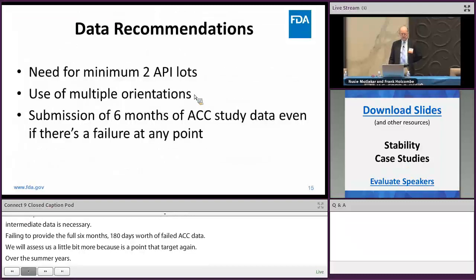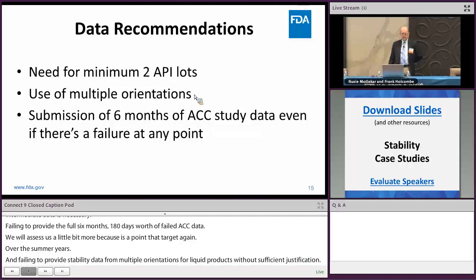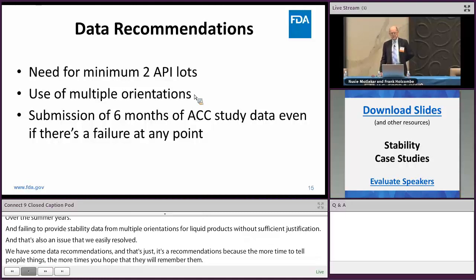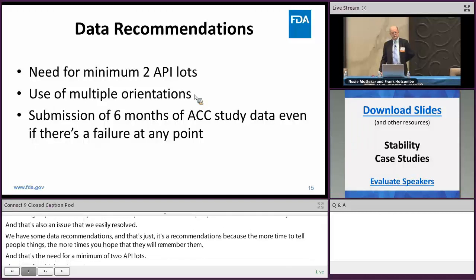We have some data recommendations, and we say recommendations because the more times you tell people things, the more times you hope that they'll remember them. And that's the need for a minimum of 2 API lots, the use of multiple orientations, and the submission of 6 months of accelerated study data, even if there's a failure at any point.